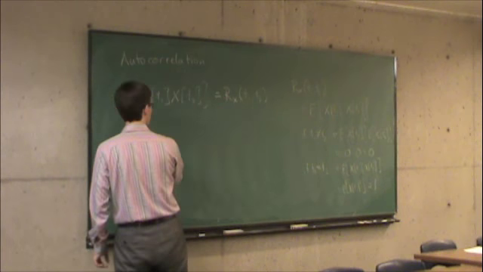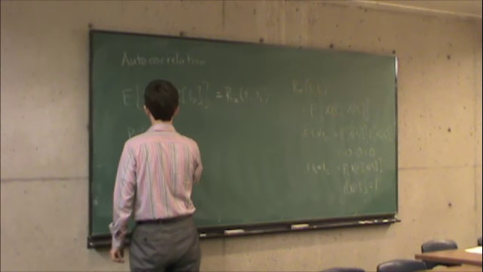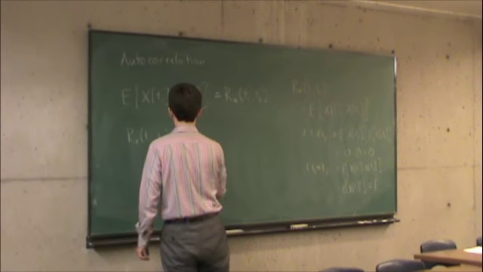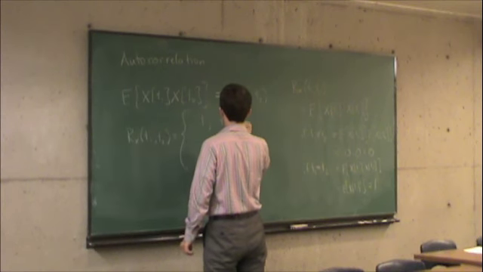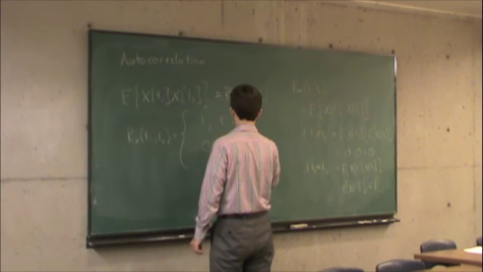So if I express this as a function of t1 and t2, I can say Rx of t1 and t2 is equal to 1 if t1 is equal to t2, and 0 if t1 is not equal to t2.